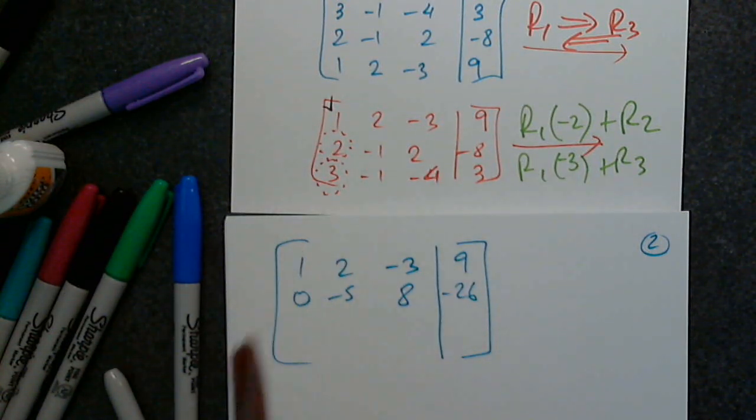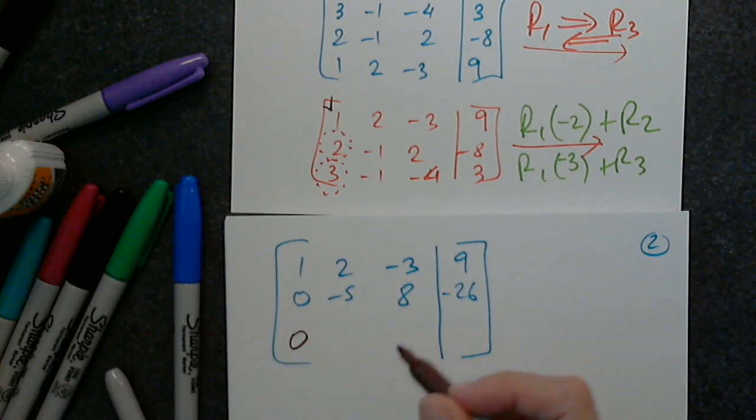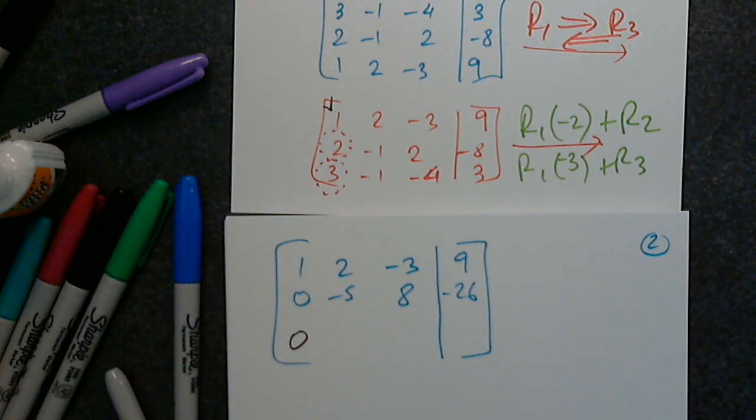1 times negative 3 plus 3. Perfect. 2 times negative 3 minus 1. Ugly.